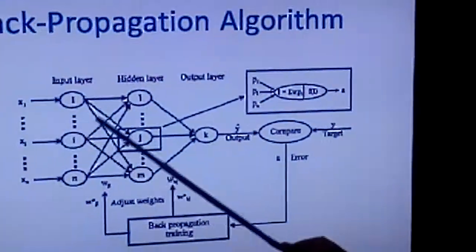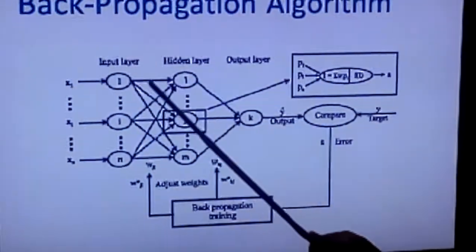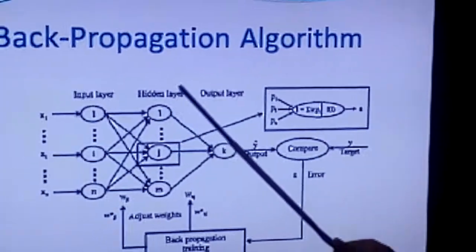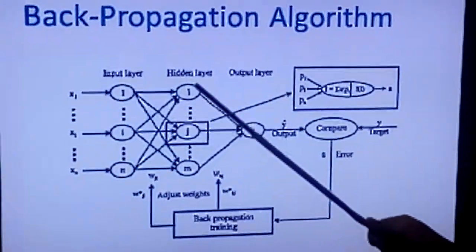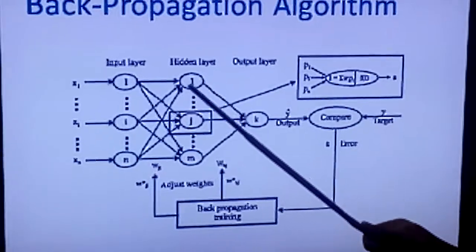Now, the input layer receives the input, processes it and produces an output. This output, the input layer's output, is the input of the hidden layer. This whole process is calculated using a linear activation function.